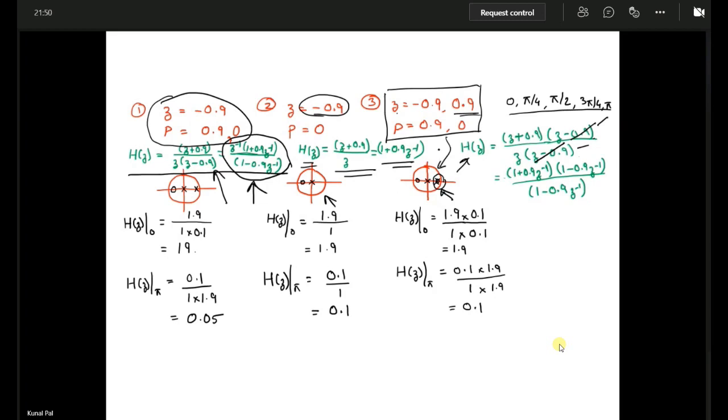So when you are given the locations of the poles and the zeros, what I suggest is that you use all the coordinates to determine the equation. Please remember, even if you do not place this pole and zero, you will not have any effect on the amplitude response and the phase response.